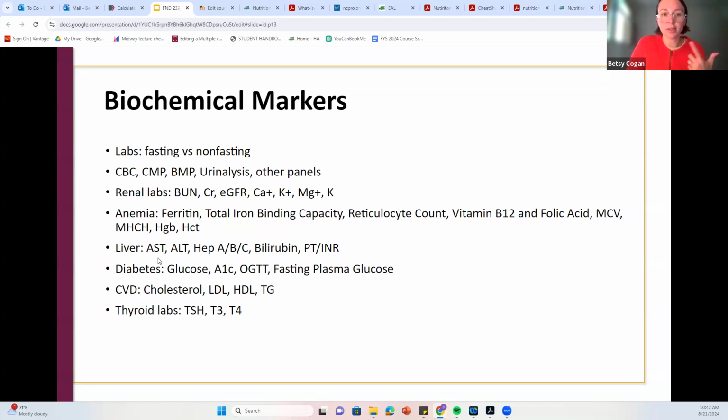We want to look at how well their liver is functioning, because remember, the liver is our most metabolic organ, very important. We want to screen for diabetes. Are they diabetic? Do they know they're diabetic? Are they acting like they're diabetic? All of these things can come from the labs. We want to know about any cholesterol or cardiovascular health concerns. And because the thyroid has such an influence over metabolism, we also want to be checking the thyroid labs.